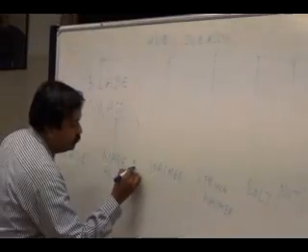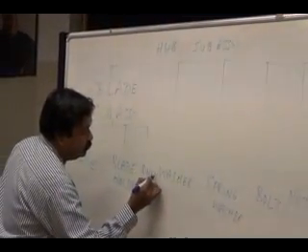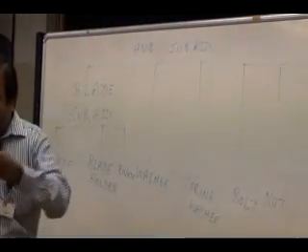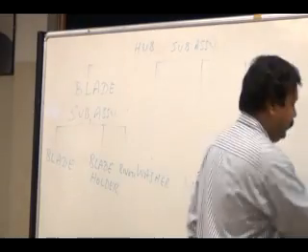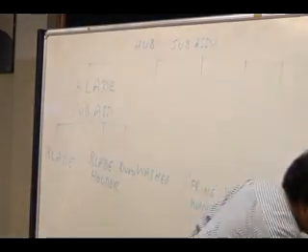I'll explain what it is. First of all, you take a single blade. If you take a single blade, it has a structure like this. A single blade looks something like this.